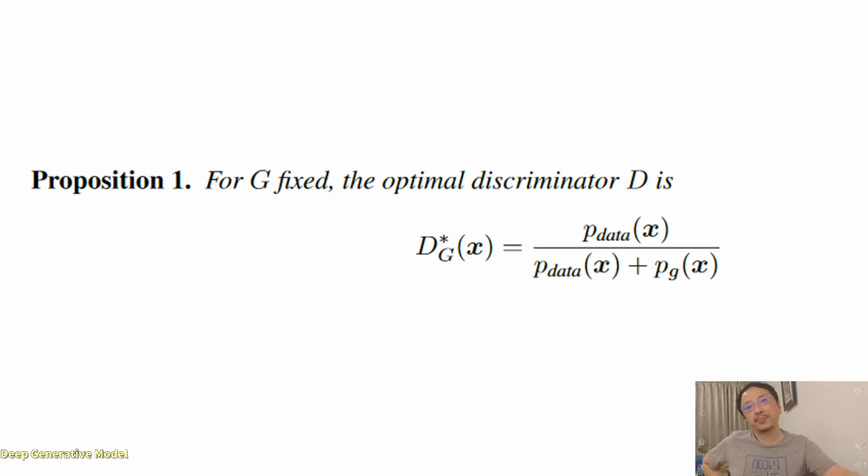The thing is, P data is kind of a continuous version, or the ideal version, of the training data, because we know that the training data are taken from some distribution, but we don't have direct access to the true distribution. We can only have a sample to form our training data set.